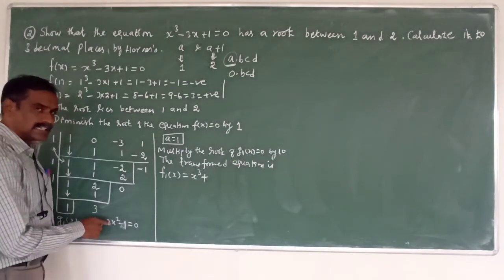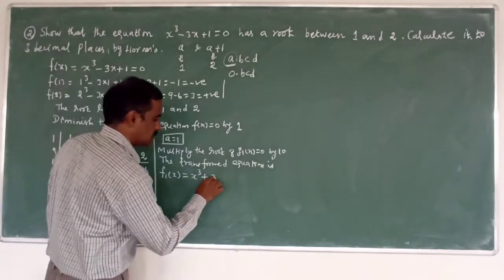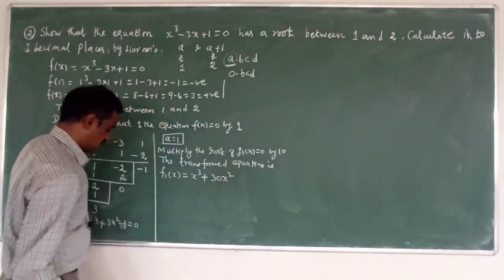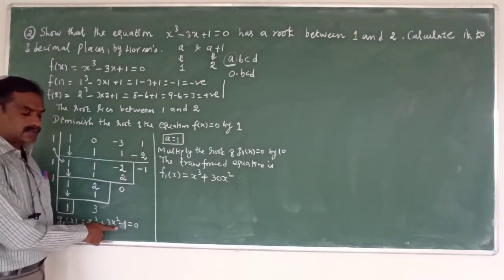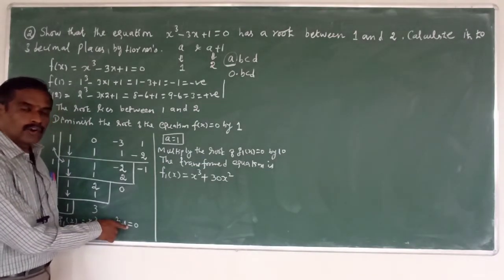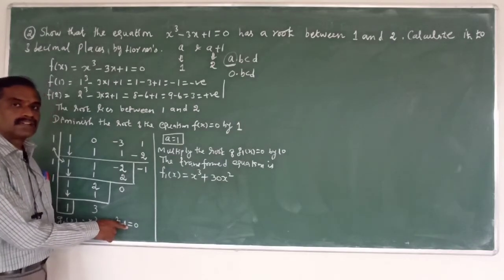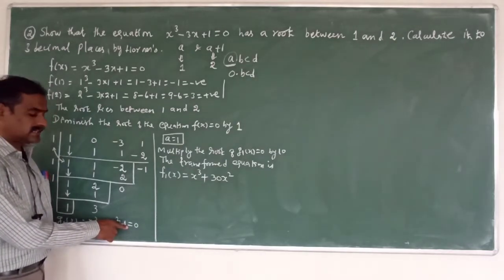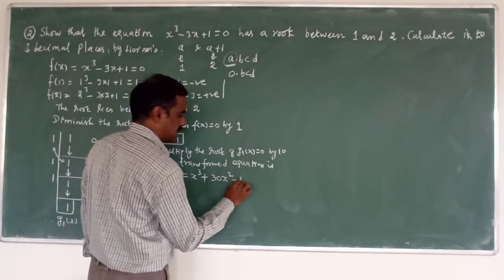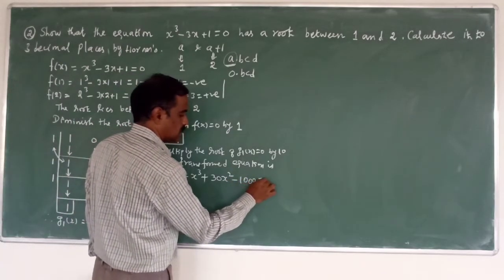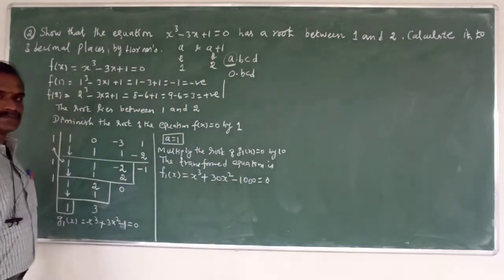Now multiply with the 10: 3 into 10, 30. 30 x square. And here the x term is not available. And then the constant we have to multiply with 10 power 3. 10 power 3 means 1000. Now multiply with this one. Now minus 1000 equal to 0.